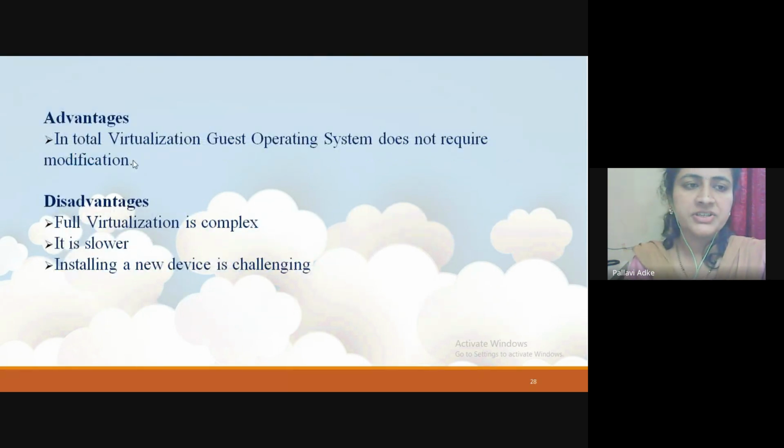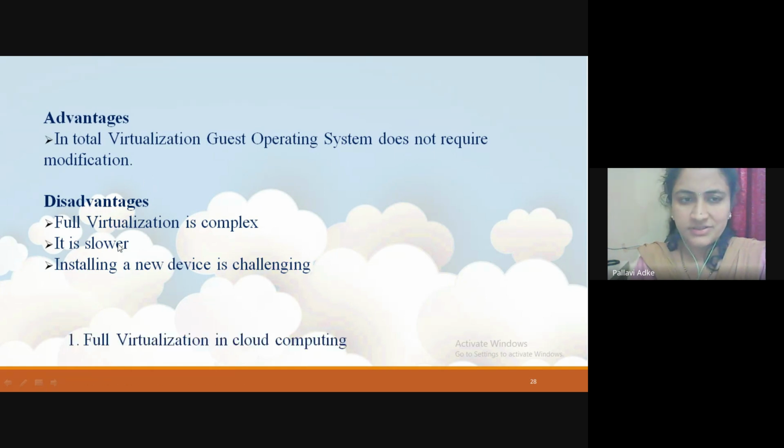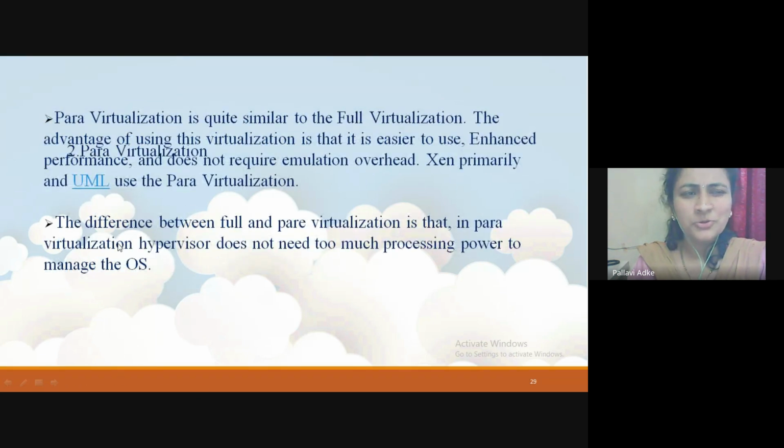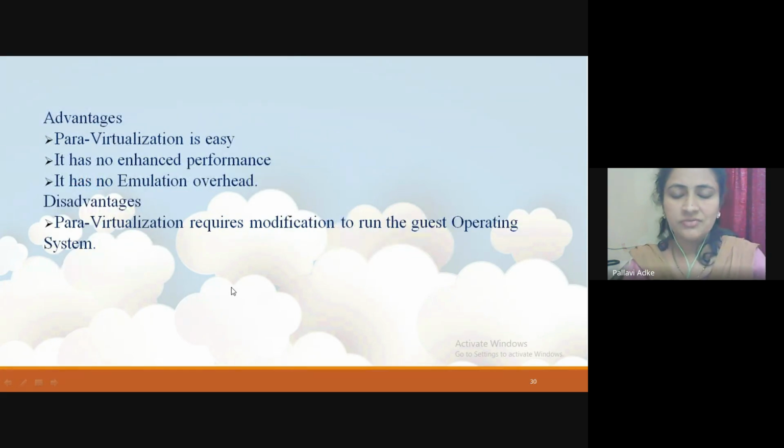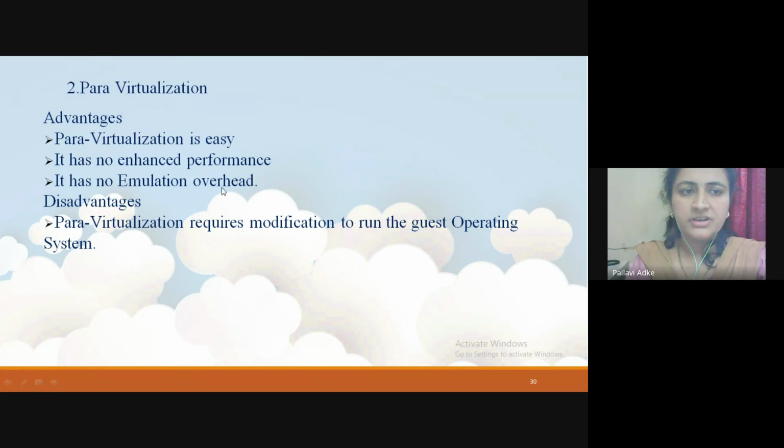An advantage is that in total virtualization the guest operating system does not require modification. These are the disadvantages; I hope you can read these points. There is no point in just reading these things, I have given you the basic concept. Para virtualization is like a semi virtualization.